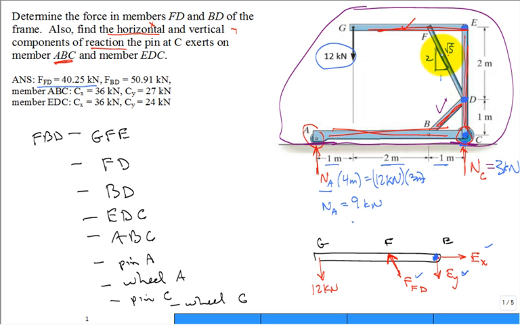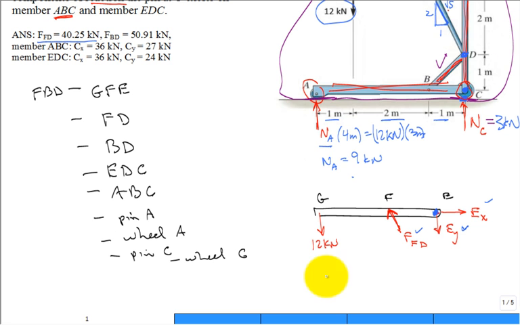Okay, so for this free body diagram, the sum of the moments about point E has to equal 0. Our equation has 12 kilonewtons, and that moment arm distance is going to be 2 meters. Sorry, I just scrolled down from our illustration. Oh, it's 3, you're right, it is 3.